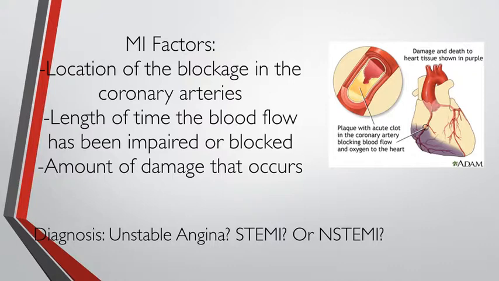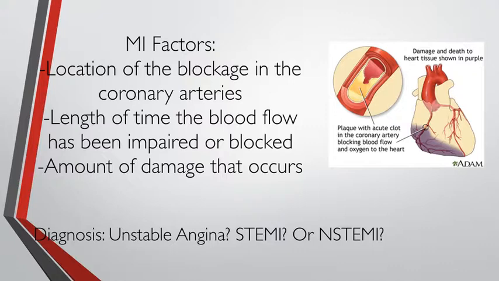Stable angina is predictable chest pain from a person that's been diagnosed with coronary artery disease, and that pain is relieved with rest or with nitrates. And the symptoms are predictable and they stop predictably. When it becomes unstable is when it's not relieved by nitrates or rest, or it becomes unpredictable.